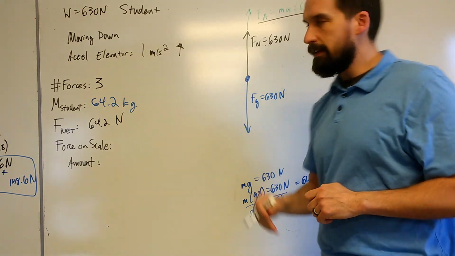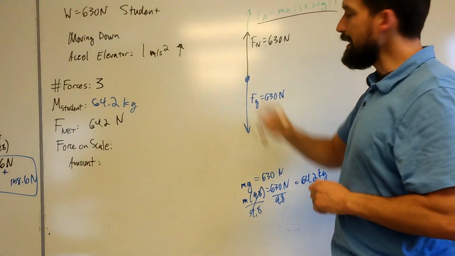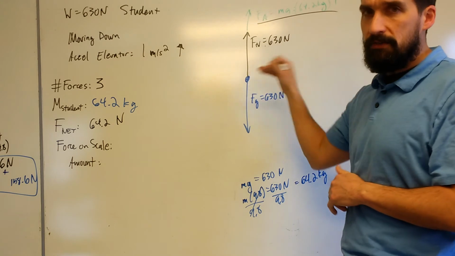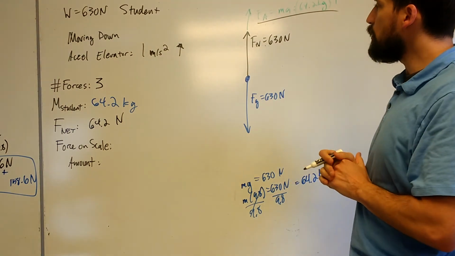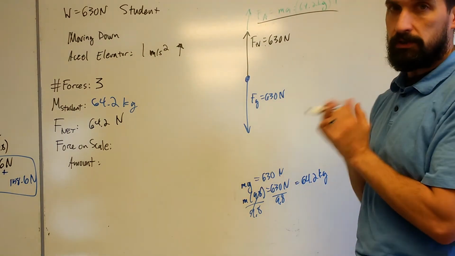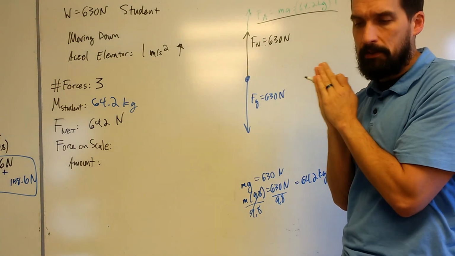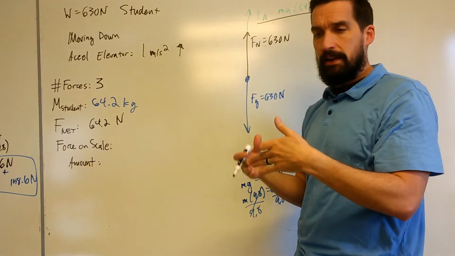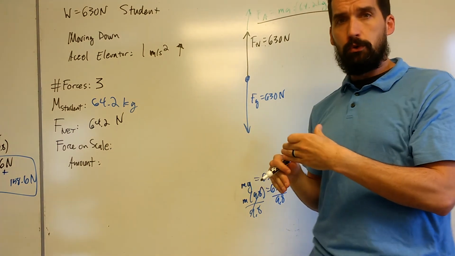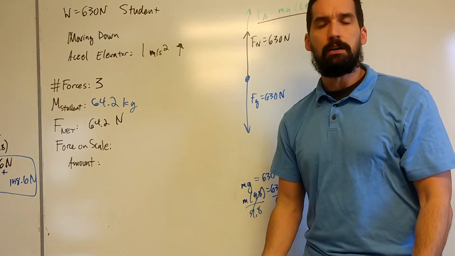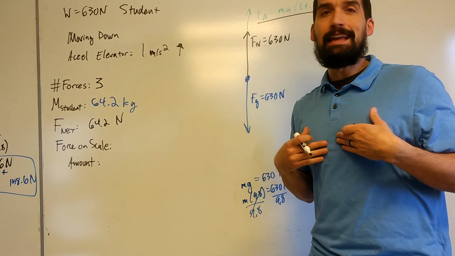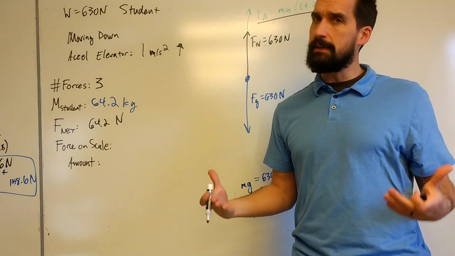What is it that the scale is reading? Because the scale is actually going to feel all of this. Or the scale is going to feel the normal force upward. That's actually what it's going to measure. Now think about that. As you go down an elevator and it starts to slow because you reach your floor, you feel your knees start to kind of buckle a little bit. So it feels like you're getting heavier. What is that going to do to the scale?